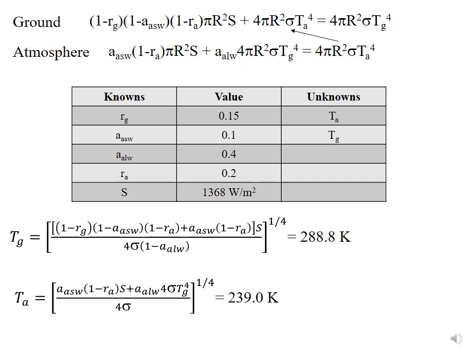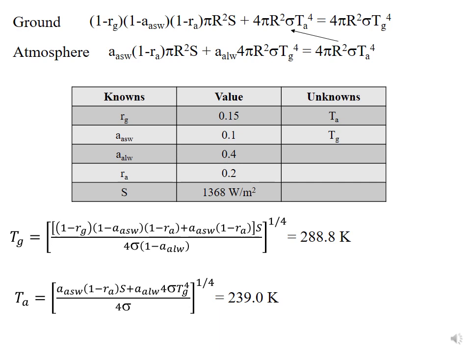If I specify those values, then it leaves me with two unknowns: the temperature of the atmosphere and the temperature of the ground. So I have two equations with the same two unknowns. I can then combine these equations and reduce the dimensionality from two unknown variables to one, and be able to solve for that variable.